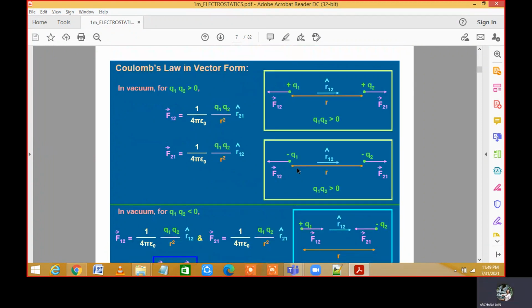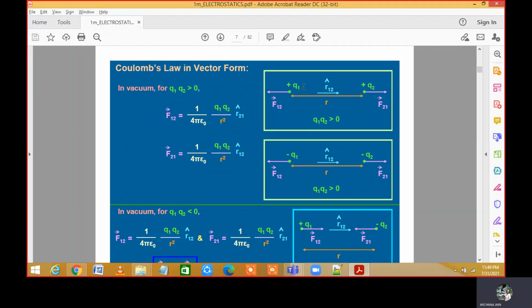Now come to Coulomb's law in vector form. Again, we take two charges. First is Q1 and second is Q2, separated by distance r. If we write in vector form, then the direction from charge 1 to charge 2 is r12. See this blue arrow. The direction of distance from charge 1 to charge 2 is r12.